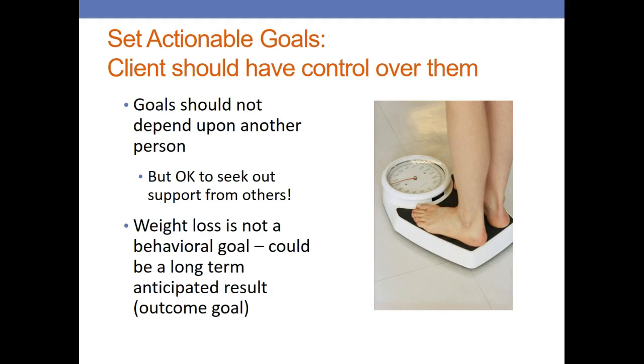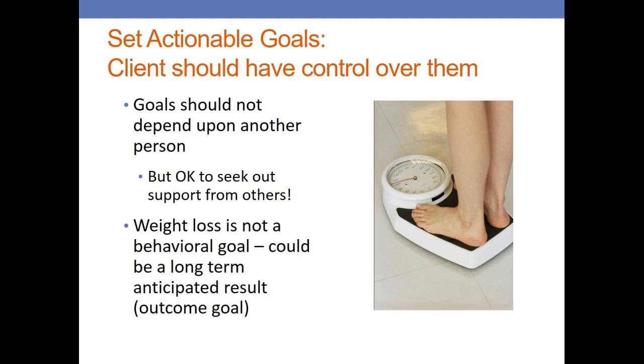Now, it is absolutely okay, and in many cases, I would even encourage clients to think about how they can engage their friends and family members as a support network to help them stay motivated and on track.